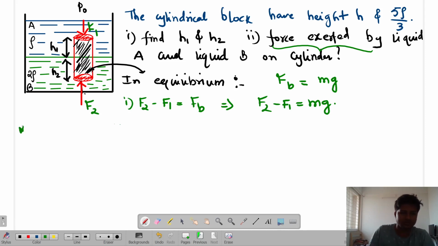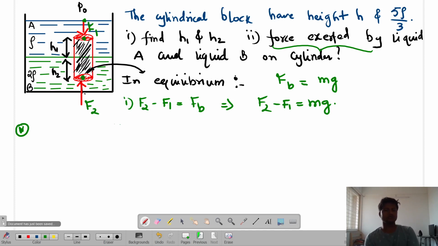See this. It is asking to find H1 and H2. Let's suppose if I can write the pressure difference equation on both the surfaces, then I can get H1 and H2, isn't it?